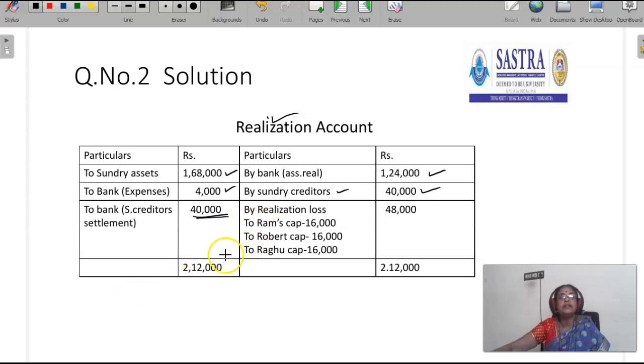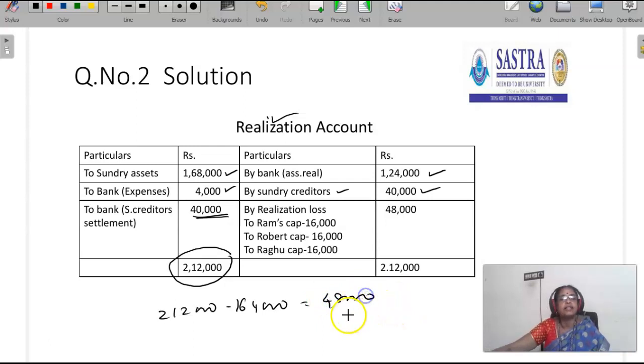So the difference is, the total of the debit side is 2,12,000 rupees and the credit side is 1,64,000. So in this problem, the firm suffers a loss of 48,000 rupees. That 48,000 rupees should be shared between all the partners, Ram, Robert and Raghu, in the profit sharing ratio, 1 is to 1 is to 1.